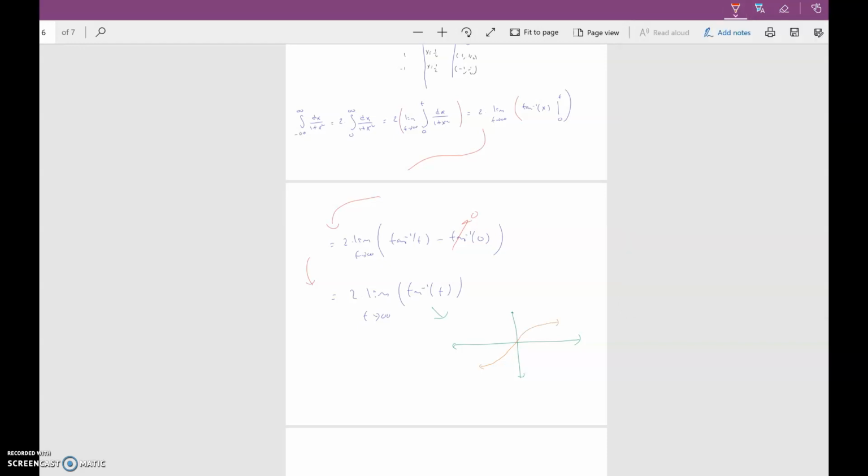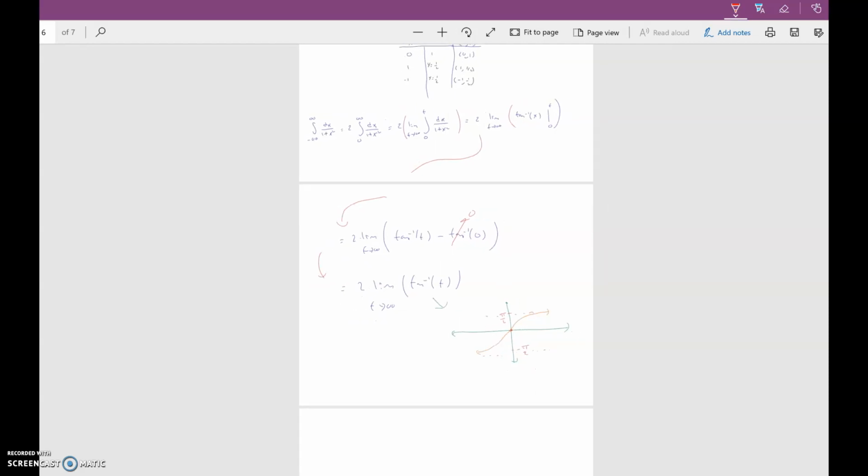So it crosses 0, 0, but then it has asymptotes here. Your asymptotes here are going to be pi over 2 and negative pi over 2. Okay, so this is f of t, which is equal to the tangent inverse.